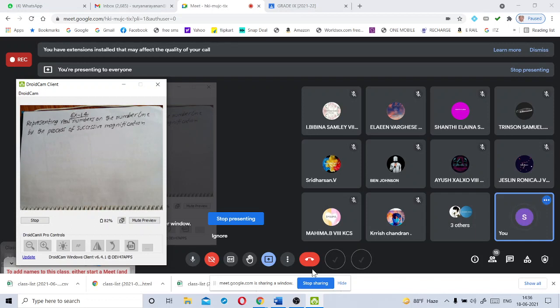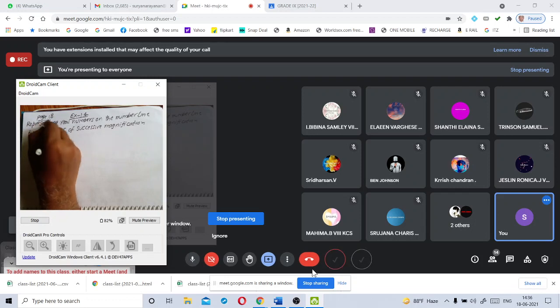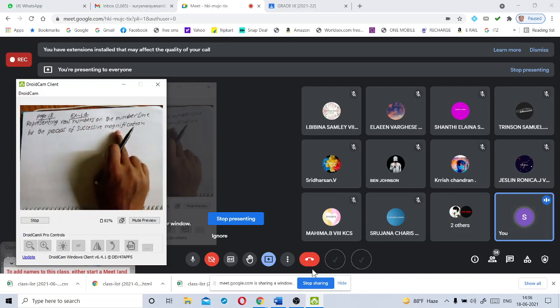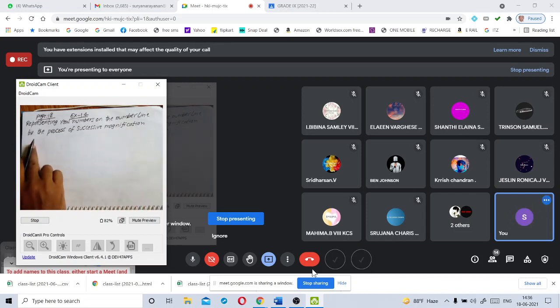See question number one, page number 18. I will explain the concept simultaneously. What is the process of successive magnification?